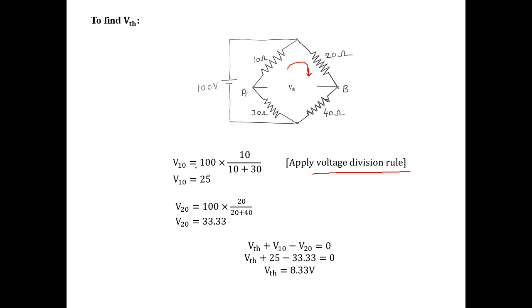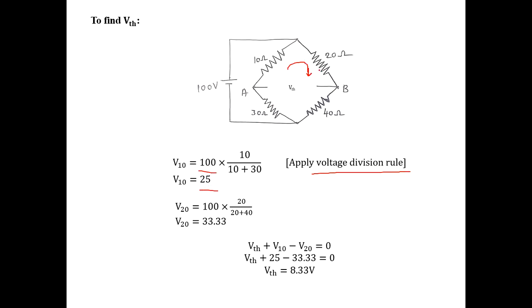V10 equals the total voltage, 100, into the particular resistor value, 10, divided by the sum of the resistors in this loop, 10 plus 30, which gives 25 volt.